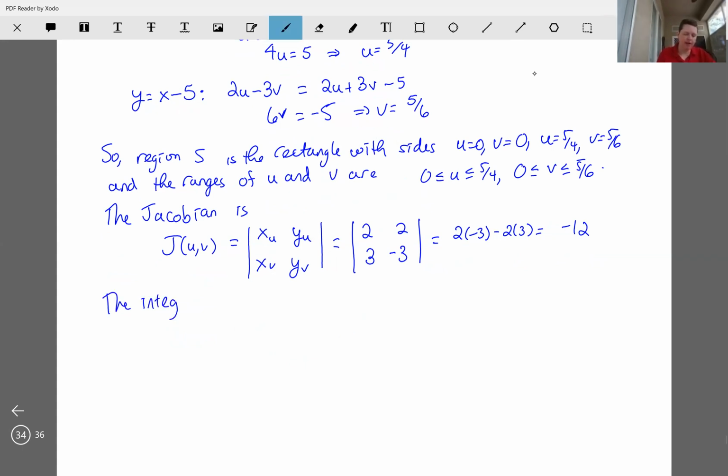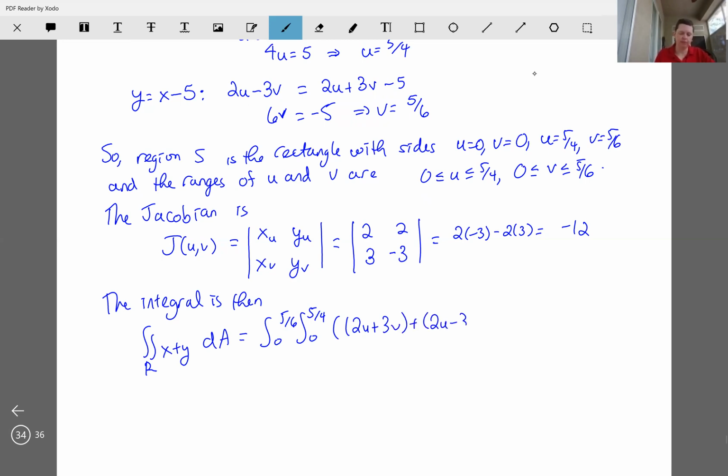So finally, our integral is transformed to the integral from 0 to 5/6, integral from 0 to 5/4 of 2u plus 3v plus 2u minus 3v, times, by the way, don't forget to put the absolute value of the Jacobian, du dv.